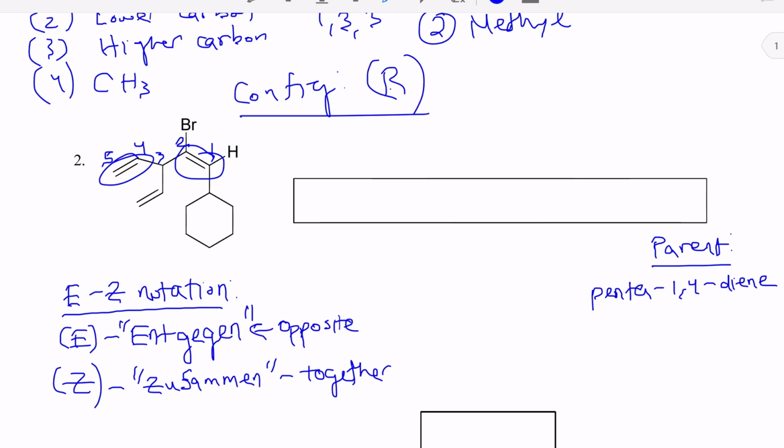Since we're going from right to left, we start with the first carbon that we encounter when we go across that chain for each double bond. So for the first one, the first carbon atom of that double bond is at position number 1. That's where the 1 comes from. The 4 comes from the first carbon atom of the second double bond that we encounter when we go from right to left in our numbering.